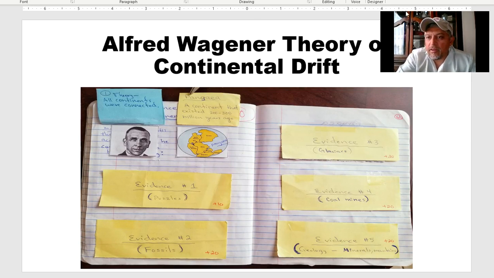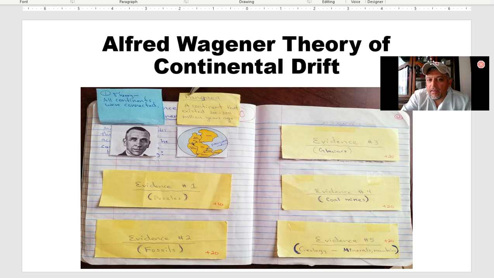Before, it used to be called the theory of continental drift. And this is the guy that started everything. His name is Alfred Wegener, and this is the continent that he proposed was together at some point. The continent was called Pangaea, right?